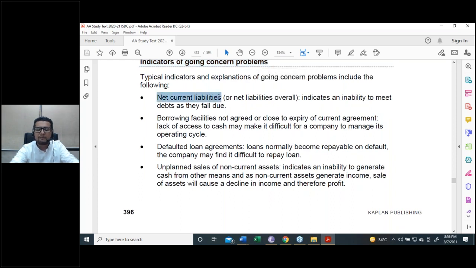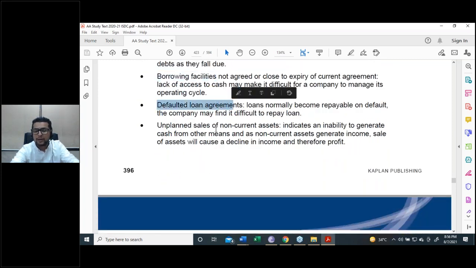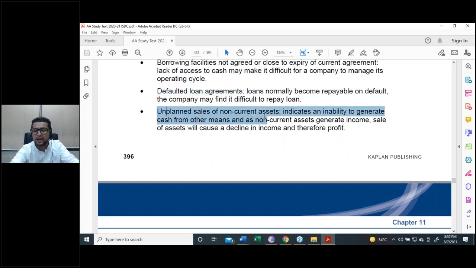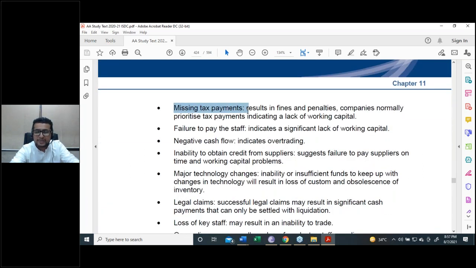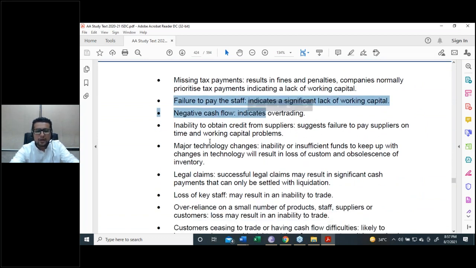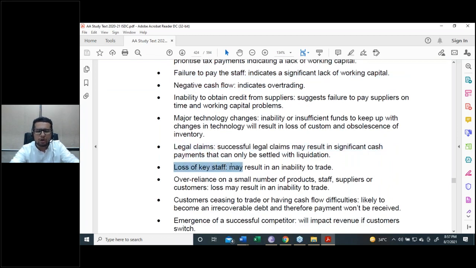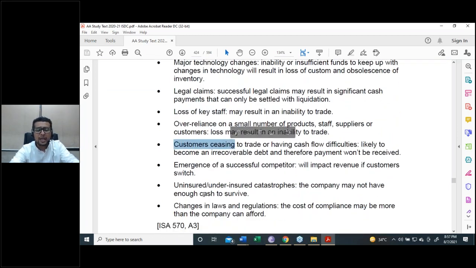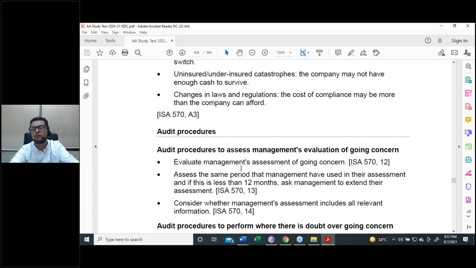For example, if the company is having net current liabilities rather than net current assets, if the company does not have a borrowing facility and they have to repay the loan or they need a loan, if the company has defaulted in loan agreements, if the company is selling off their non-current assets, unplanned sales of non-current assets, if the company is missing tax payments or they are not paying their staff, or if the company is having negative cash flows, all these factors, whether it is a legal claim, loss of key customer, loss of key supplier, emergence of a successful competitor, any catastrophe such as COVID-19, any changes in laws and regulations, these are all potential indicators of going concern problems.